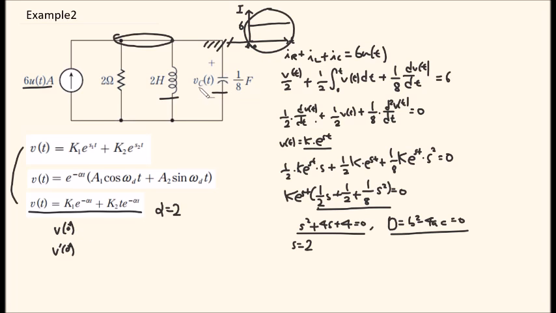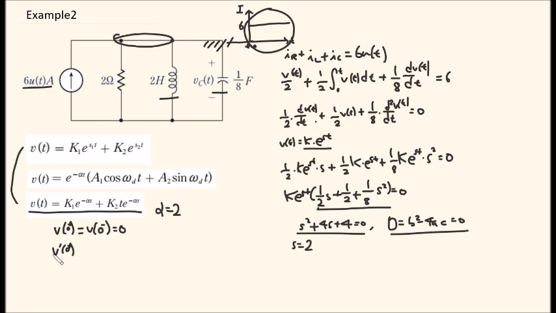And in the case of capacitors, we know that the voltage across capacitors cannot change instantly. So this v of 0 plus is also equal to v of 0 minus, and this 0 minus refers to the point just before the signal is given. And of course, we know that this is 0, because if there is no signal given, there will be no energy present in this circuit, and the whole thing would be equal to 0.